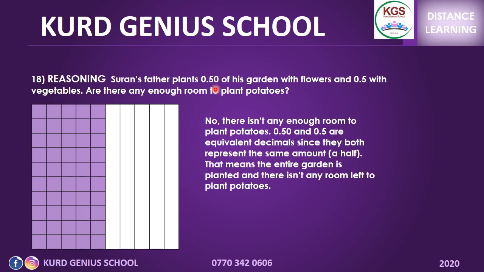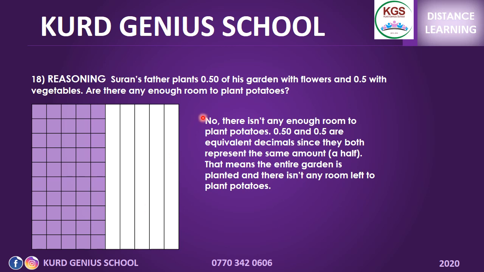Remember, I told you that 50 hundredths is the same as 5/10ths. And they both represent half of something. So here, half of the garden is planted with flowers and the other half is planted with vegetables. So the entire garden now is planted with vegetables and flowers. So there isn't enough room to plant potatoes.